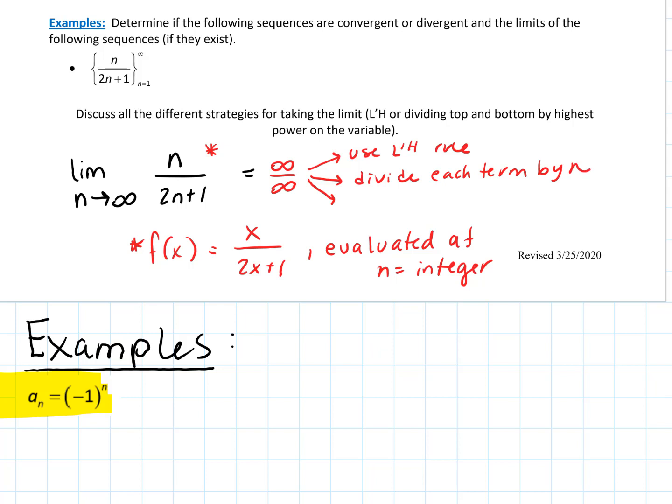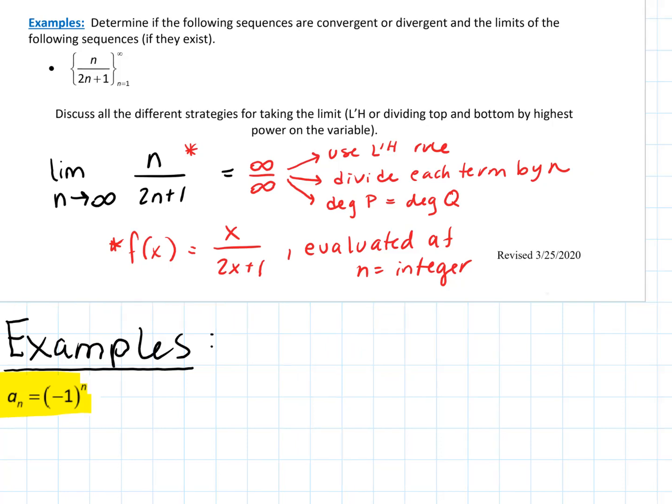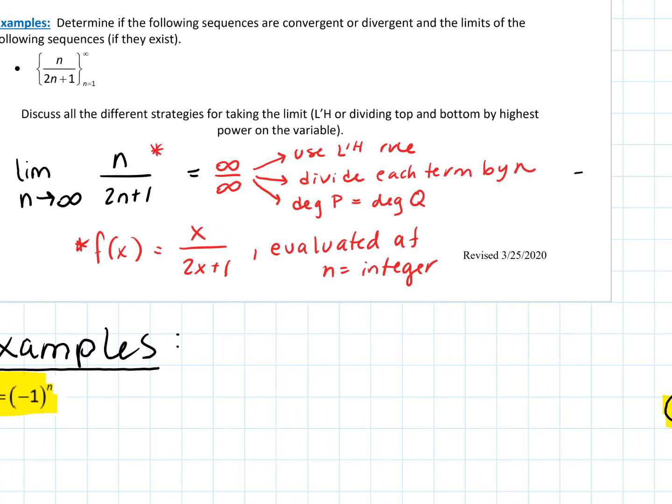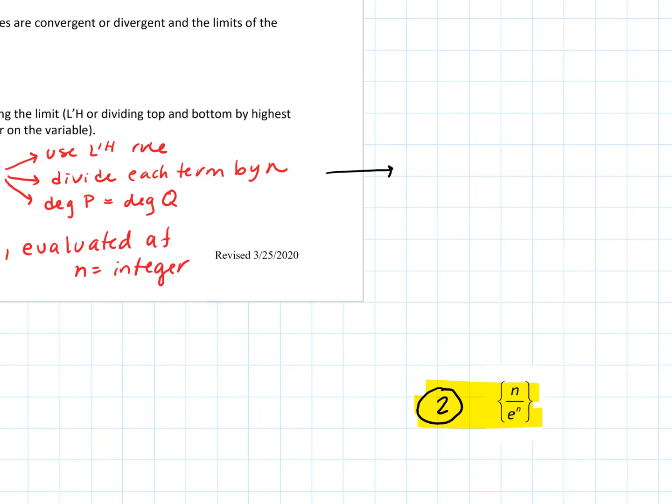Or we could even use the fact that we have two polynomials and the degree of p equals the degree of q, some theory that was developed in Calc 1. So just take your pick, whatever you want to do here.